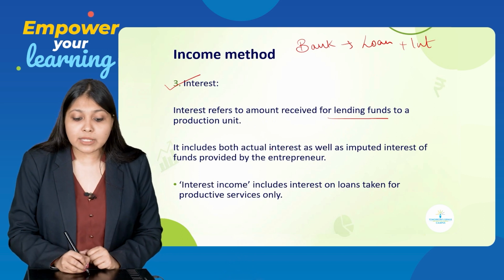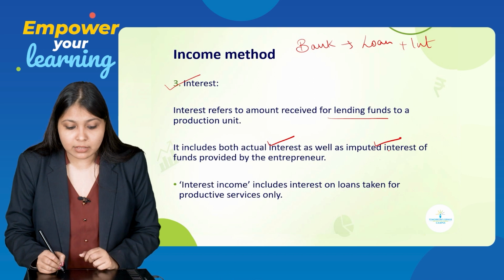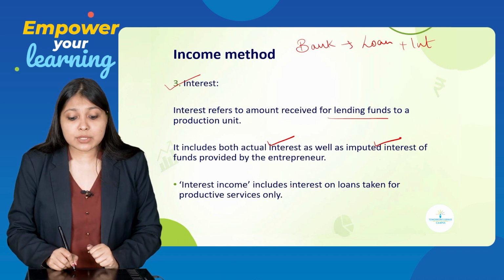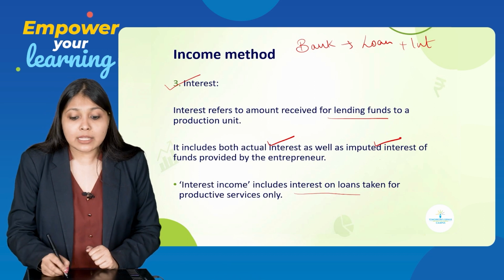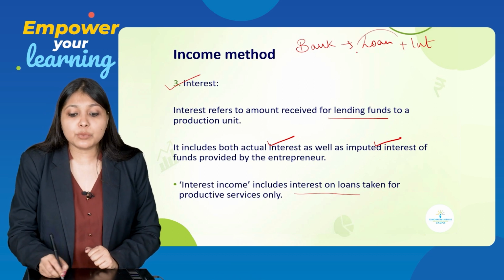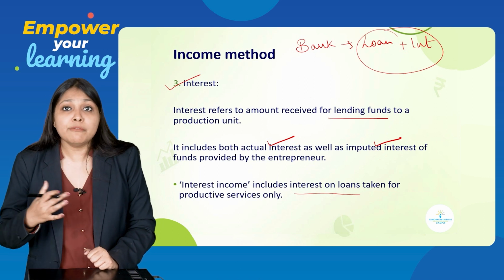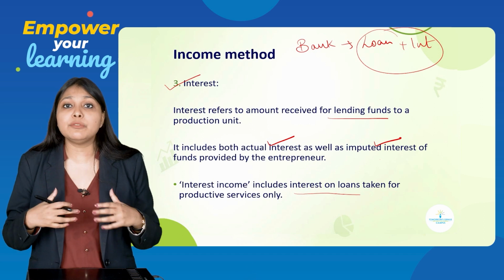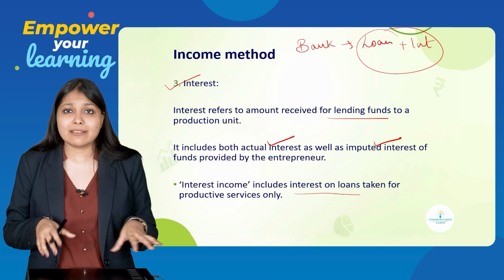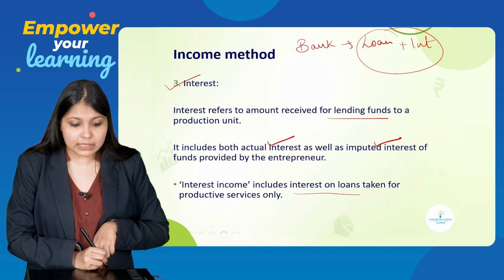It includes both actual interest as well as imputed interest of the fund provider. Interest income includes interest on loans taken for productive service only. Here we will include only those loans and borrowings which have been taken for some productive service. If you have not taken the loan for productive activities, then that will not be included. But apart from that, it will be included.